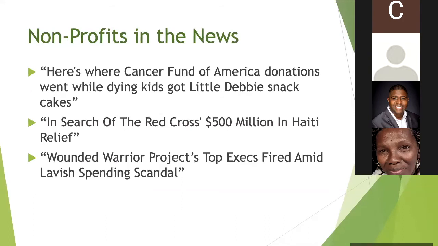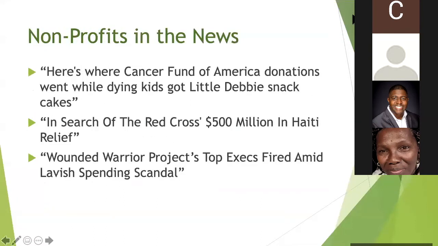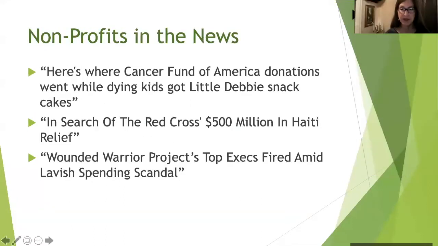These are a couple years old, but not-for-profits got in the news negatively over the course of the last several years. Here are some of the headlines of negative press that not-for-profits got. Wounded Warrior is really one that's an active organization in San Antonio with all our military personnel, and they were one of the worst about their executives doing lavish spending and having management retreats at expensive places.